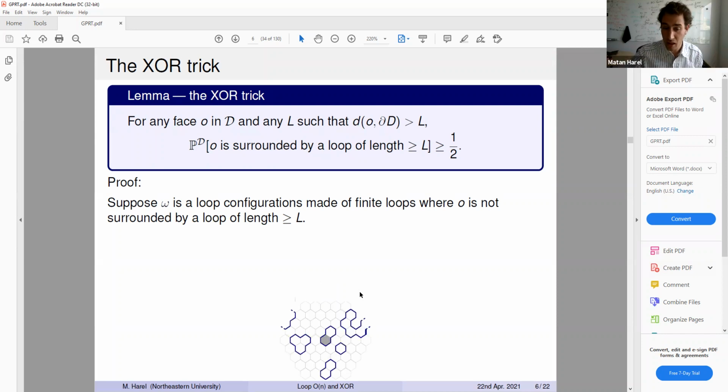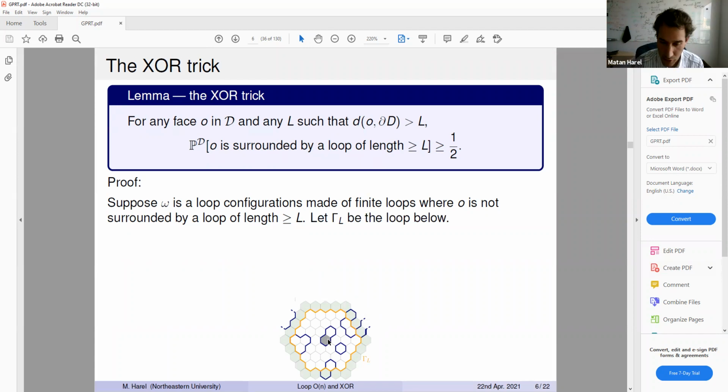Maybe there's a loop of size 2 that surrounds this face, but all the other loops don't surround the face that I care about. Maybe this one closes this way, maybe this one goes around and closes this way, but they don't surround it. Specifically, that means that if I look at the outside of a ball of size, this green ball for example, none of the loops that intersect this ball can cover the face. Basic combinatorics.